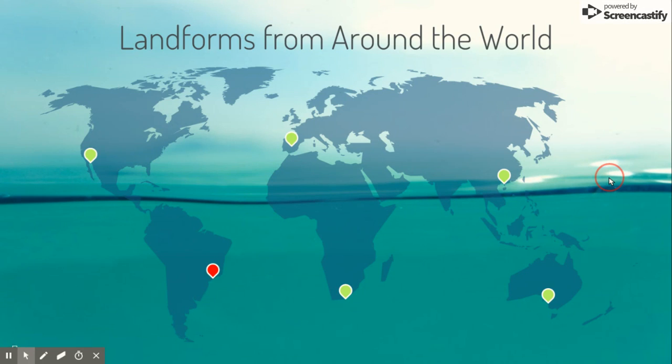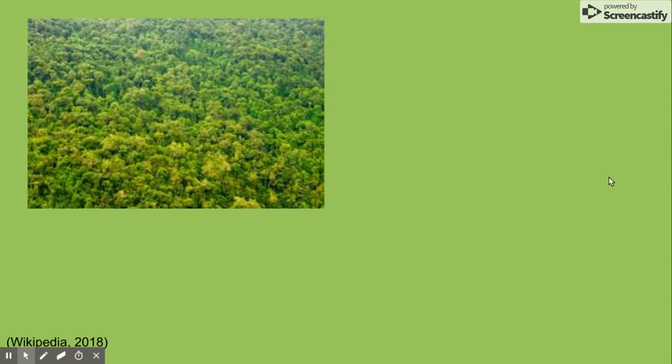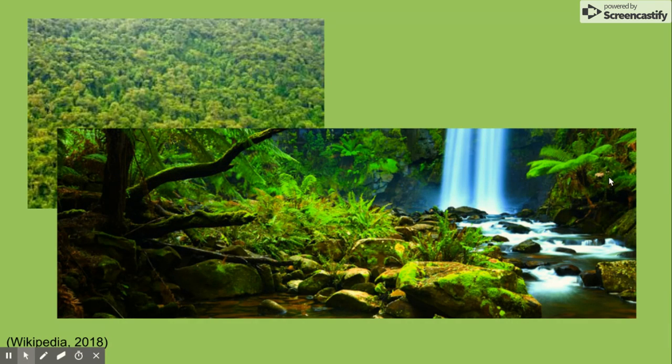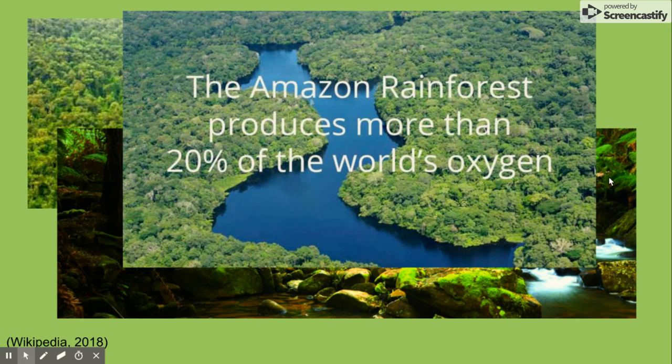All right. As we make our way down to South America, the next landform we're going to see is the tropical rainforest, and specifically looking at the Amazon rainforest. Here I'm going to include some pictures and just fun facts. The Amazon rainforest is the largest tropical rainforest in the world. It houses billions of animals, humans, and plants, and also produces more than 20% of the world's oxygen.